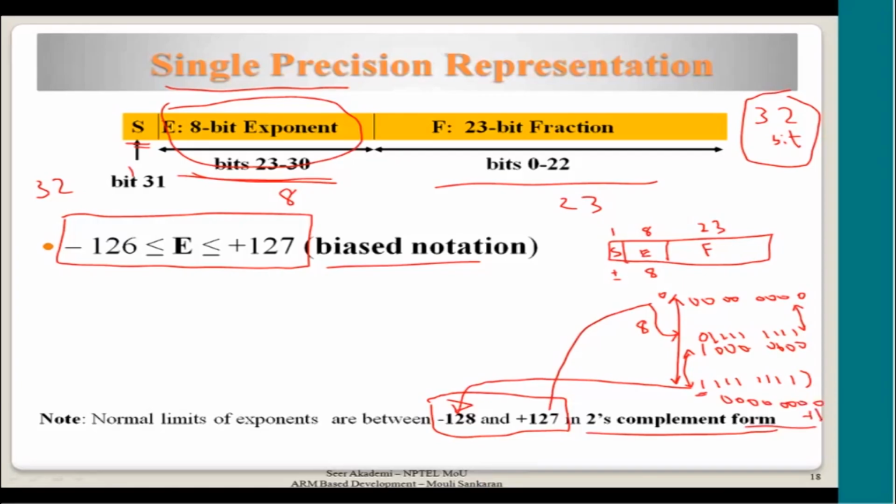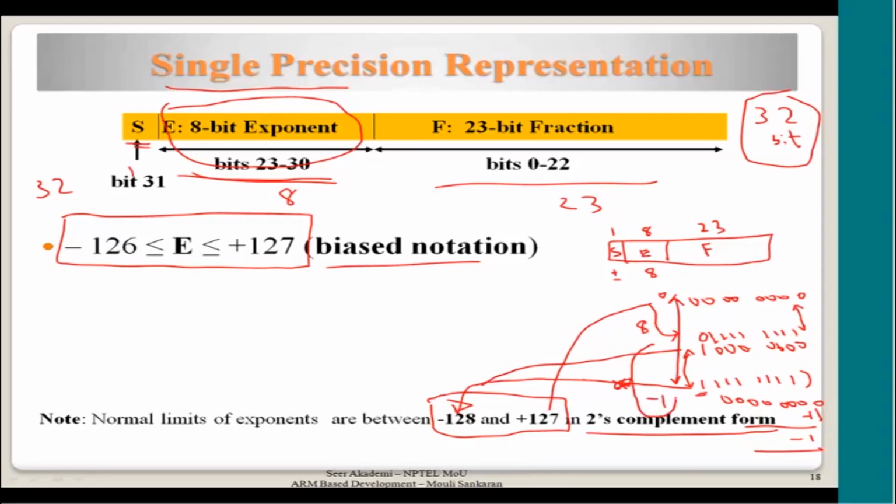What do I get? Minus 1. So if you were alert, you would have caught me wrong. So this represents minus 128, and this represents minus 1.